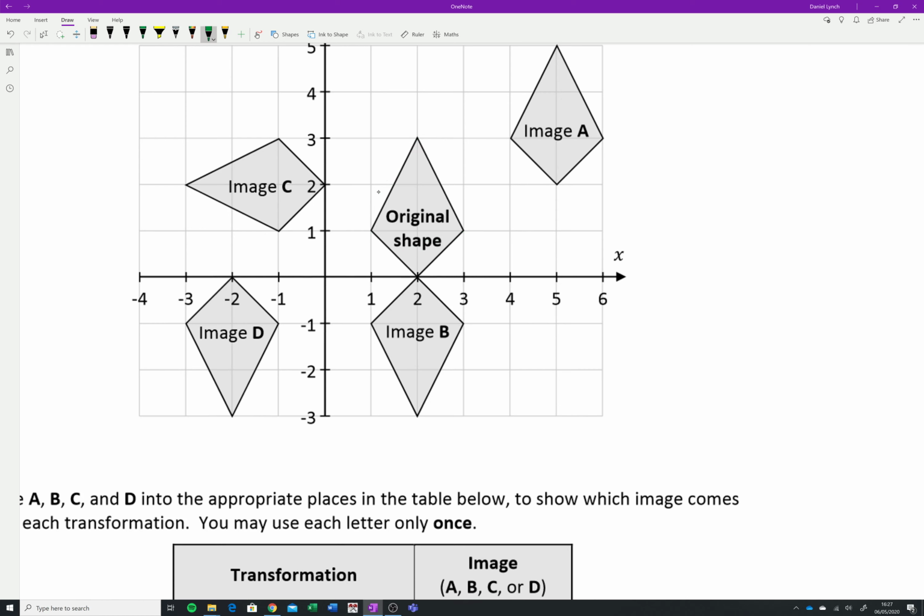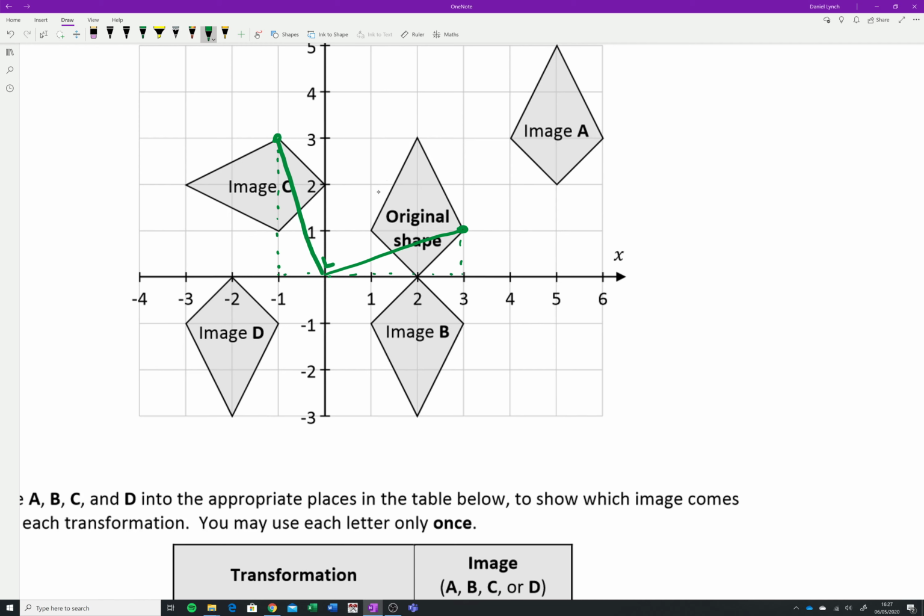It would mean, for instance, if we were to take this point here and rotate that 90 degrees, instead of moving over 3 and up 1, you'd be moving over 1 and up 3. That would then be a rotation of 90 degrees.